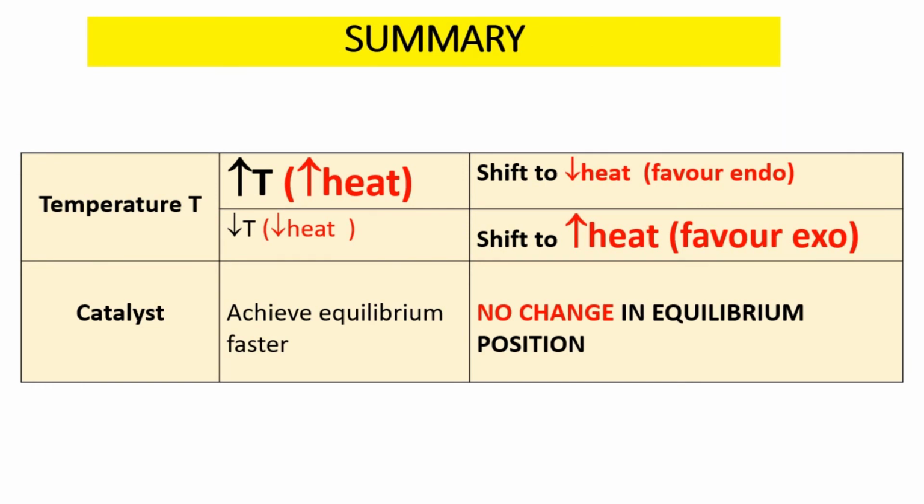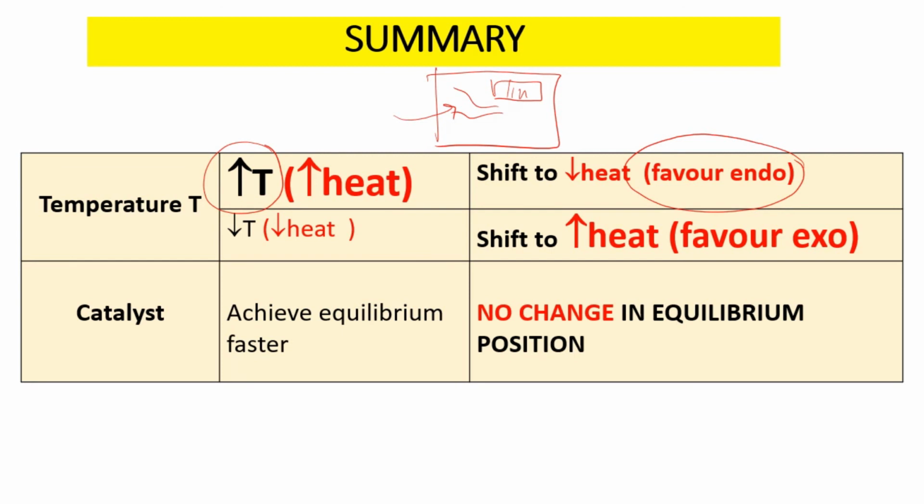So this is the summary for this video. Remember, if you increase temperature, it's like when you are very hot, so you will favor the endothermic process. When it's very hot, we go into a house because we like to enjoy the aircon because it's cooling.